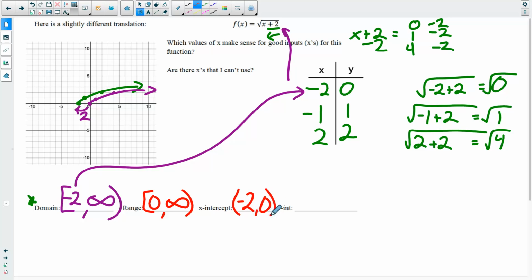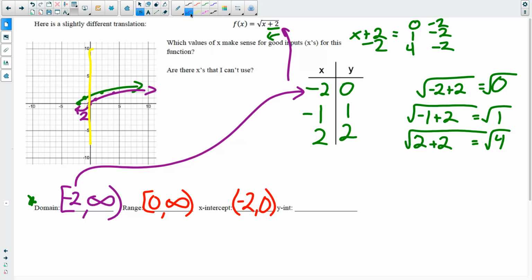Y-intercept. Caution. There's none in the table. But this is my y-axis. My green line crosses it, which means I have to find it. And folks, honestly, this is the easiest one to find.